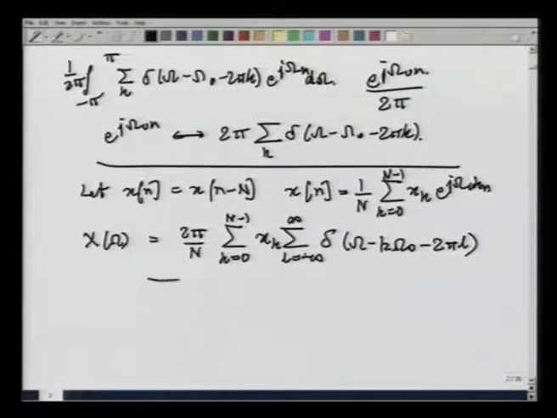This is the expression for the discrete time Fourier transform, or the extended discrete time Fourier transform, for an arbitrary periodic sequence which has a set of DTFS coefficients X[k], k going from 0 to N minus 1.